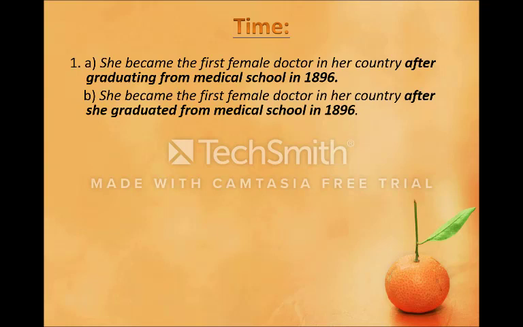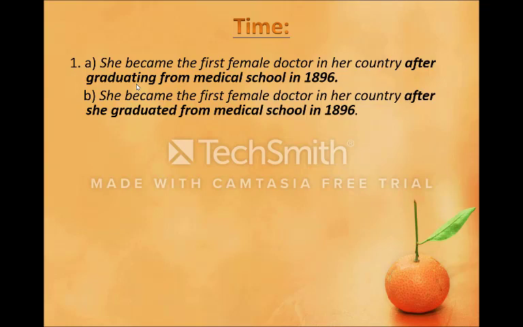Time. She became the first female doctor in her country after graduating from medical school in 1896. She became the first female doctor in her country after she graduated from medical school in 1896. So the first example, ing, is a participle.